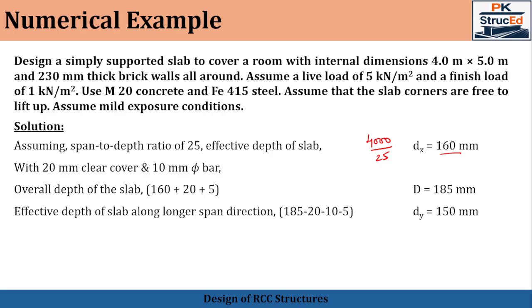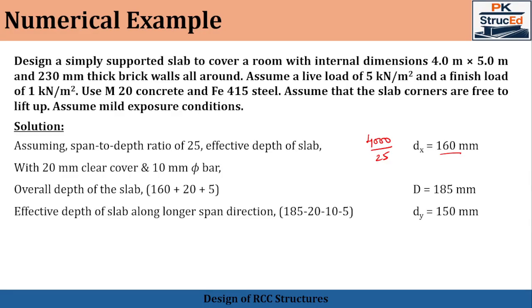With a clear cover of 20 mm and assuming the shorter span direction bar has 10 mm dia, overall depth of the slab D will be calculated as 160 plus clear cover of 20 plus half the diameter of the main reinforcement 5, which gives us 185 mm.